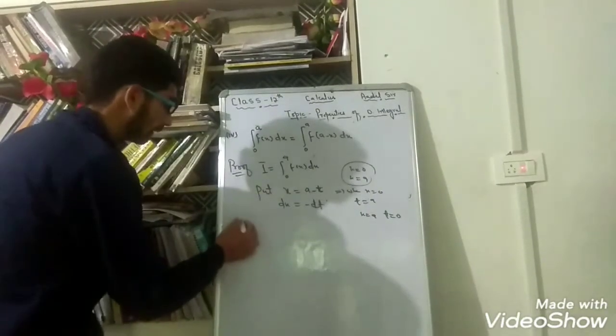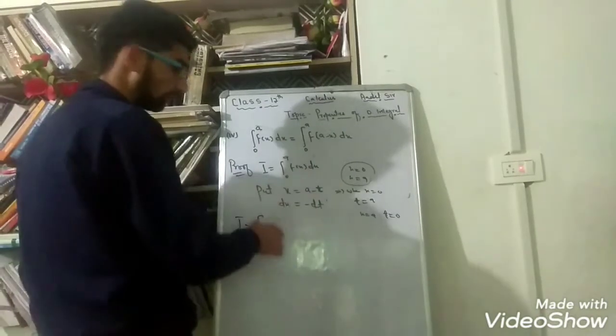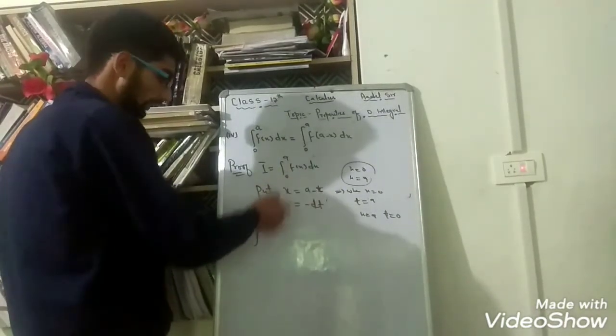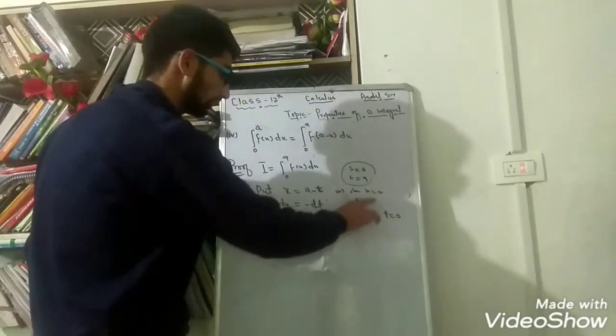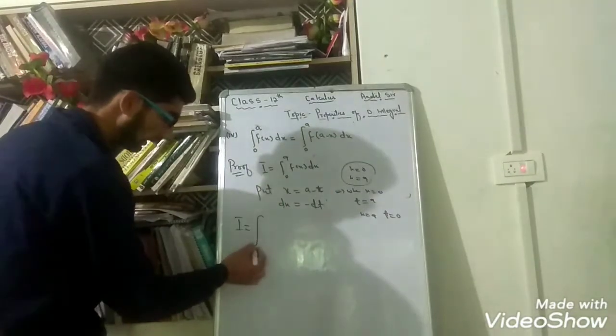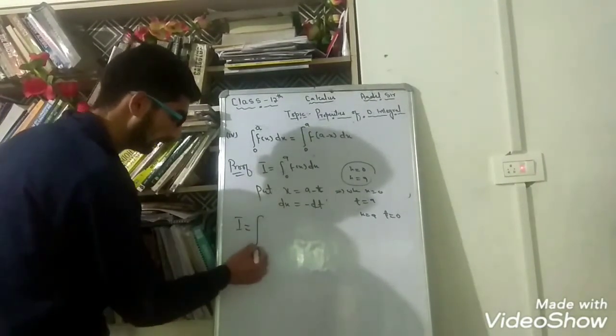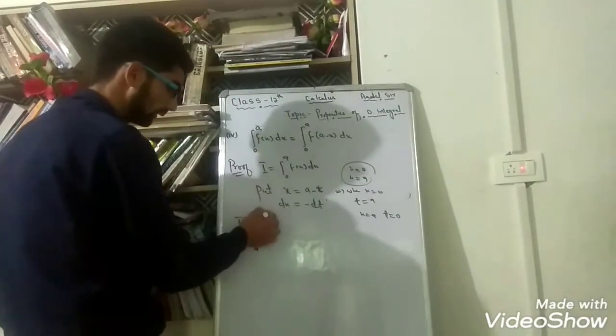So here I will be equal to the integral, but we have changed the limits: when x was 0, t is equal to a, and when x is a, t is equal to 0.